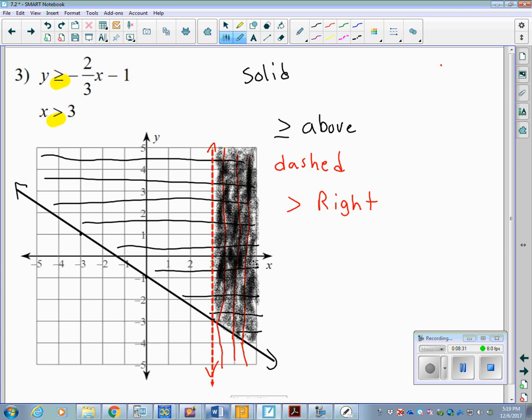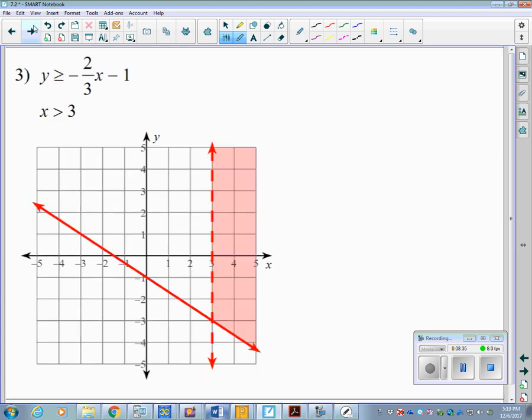Now the next thing I want to do is erase the unneeded part here and make it clear to see where my solutions are. Now finally, pick a couple points out of here, and you could pick any point that's in this shaded region.